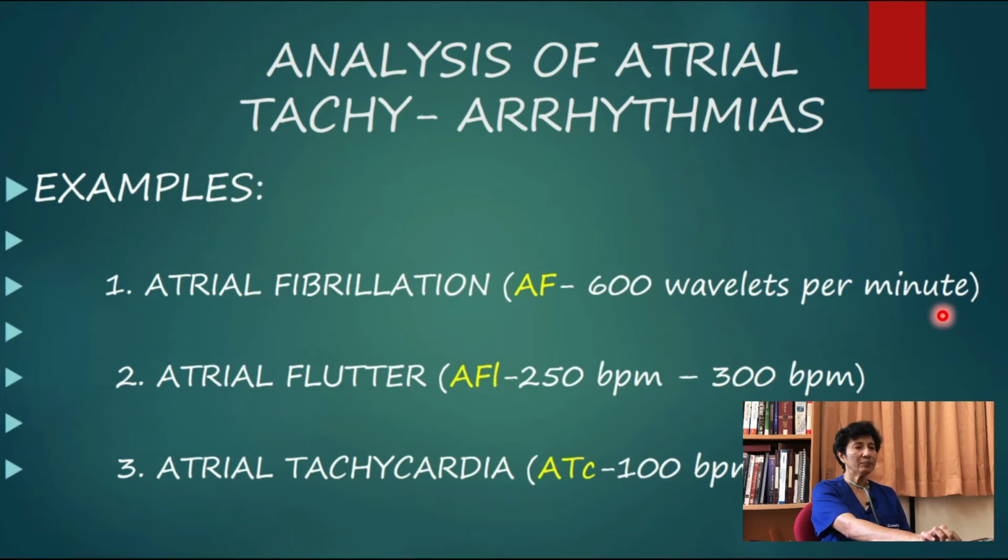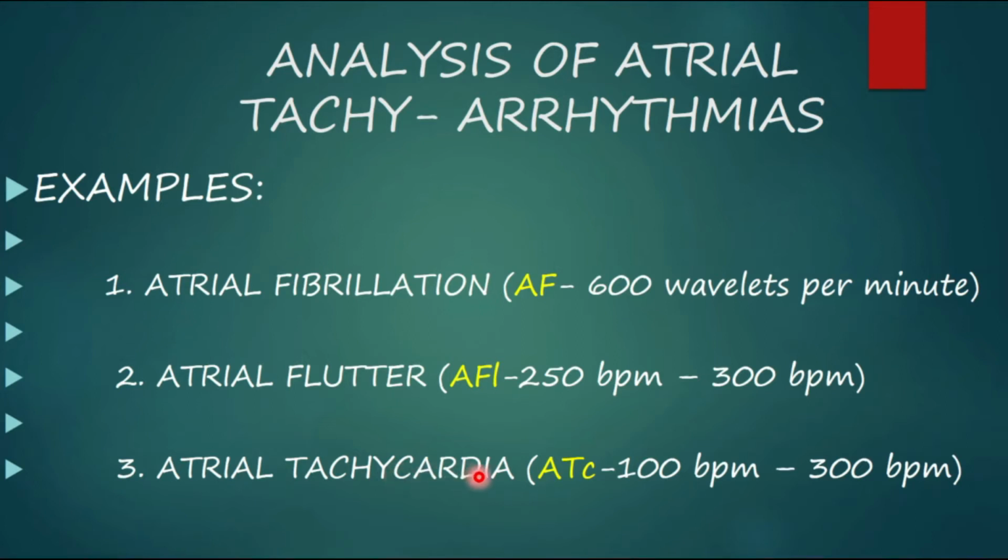There is no proper contraction. During atrial flutter, atria beat at a rate of 250 beats per minute to 300 beats per minute. During atrial tachycardia, atria beat at a rate of 100 beats per minute to 300 beats per minute.